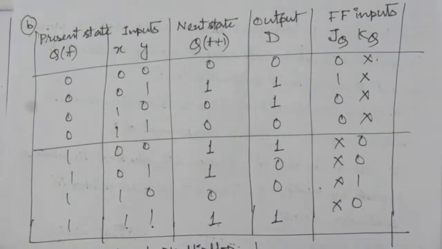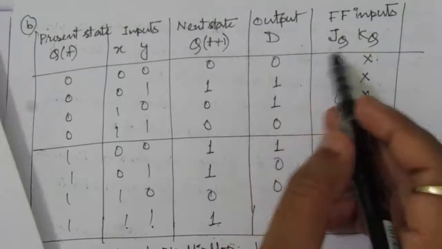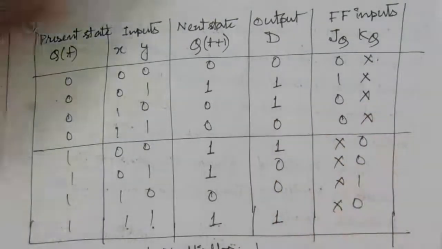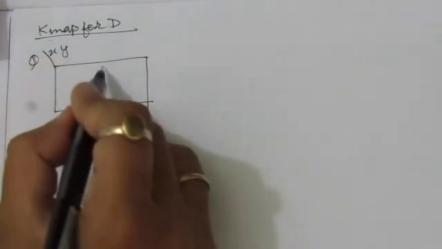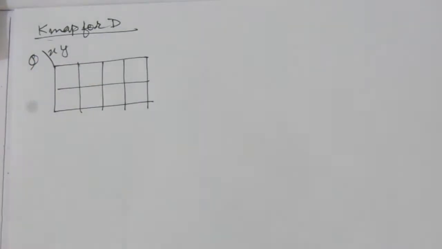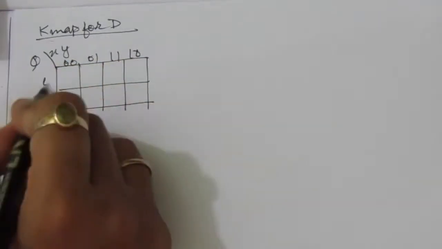So for designing the circuit, first of all we have to find out the expressions for D, J and K, that is the difference, J input and K input. First let us find out the expression for D. So K map for D. Here we'll have a three variable map, Q, X, Y, with columns 00, 01, 11, 10, and rows 0 and 1.